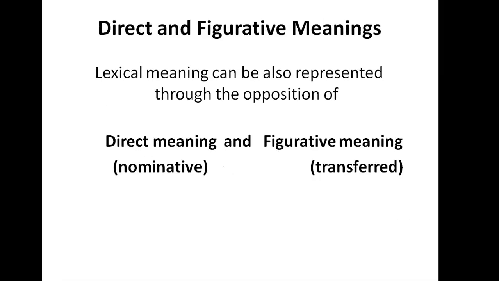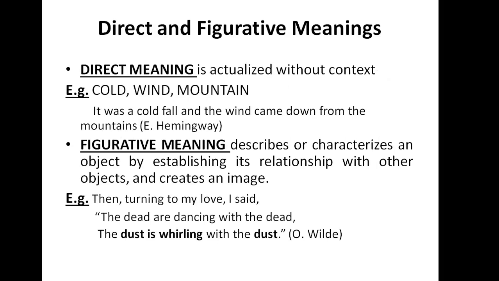Direct and figurative meanings. Lexical meaning can also be represented through the opposition of direct meaning and figurative meaning, nominative and transferred. Direct meaning is actualized without context. For example, cold, wind, mountain.